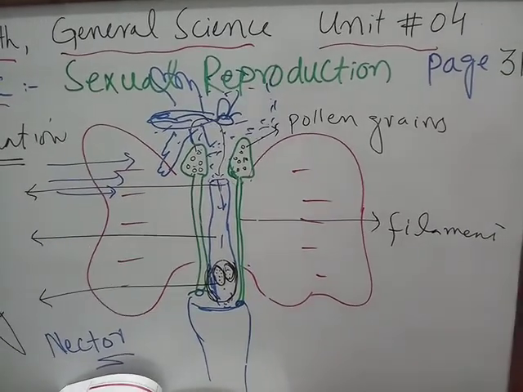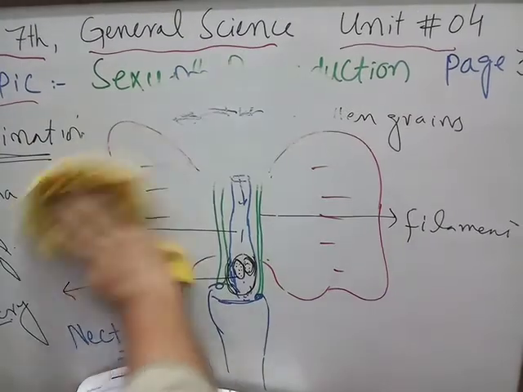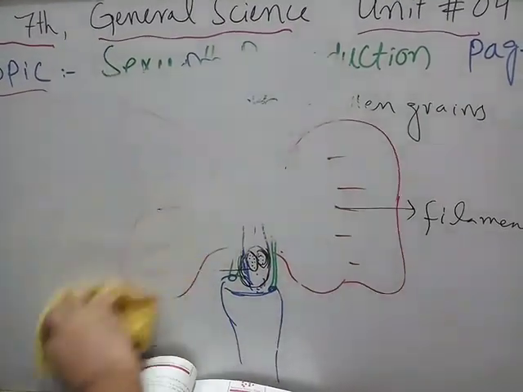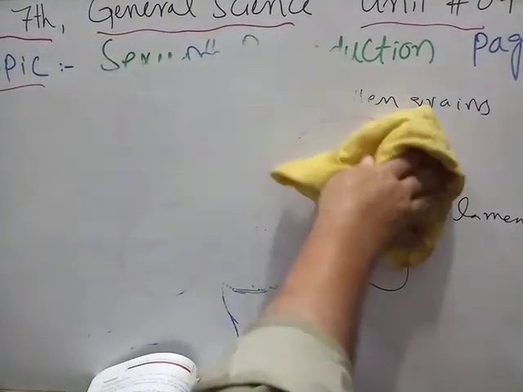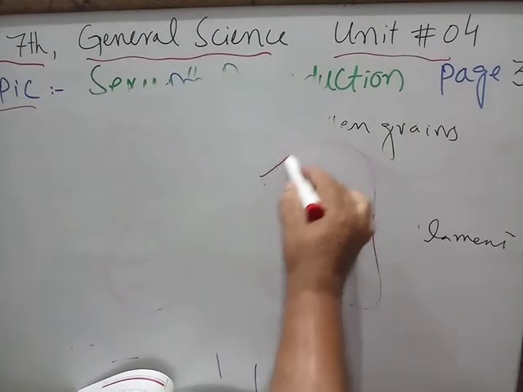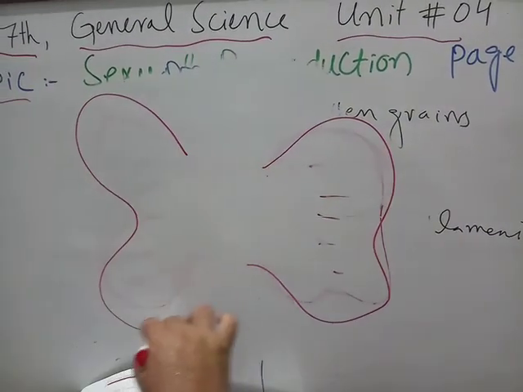Actually, let me draw it again. Let me draw the ovary only. For example, these are the petals. You know the flower has colored petals.